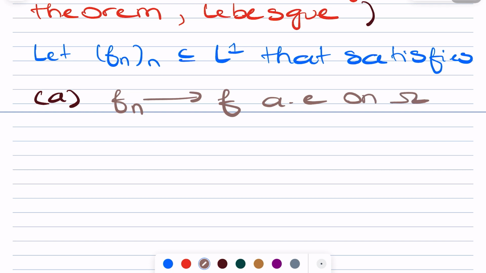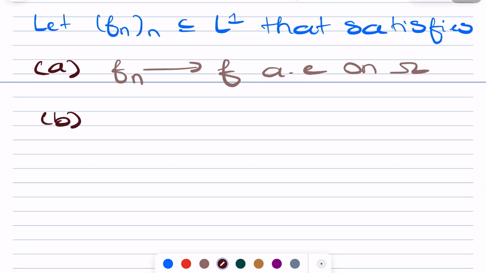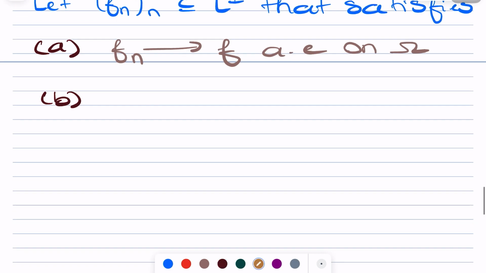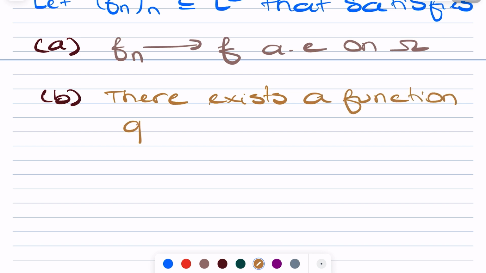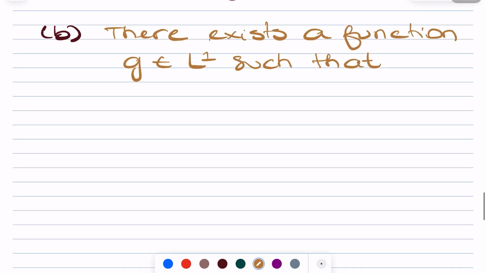Number B: there exists a function g in L1 such that for every n, the absolute value of Fn of x is less or equal than g of x almost everywhere on omega.